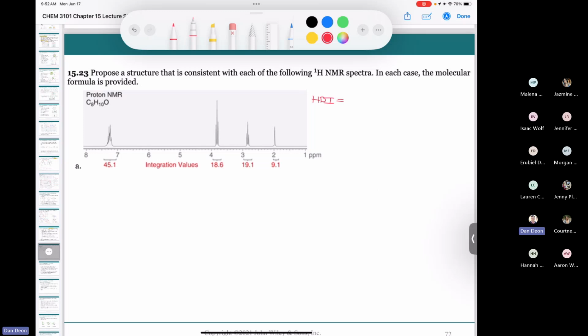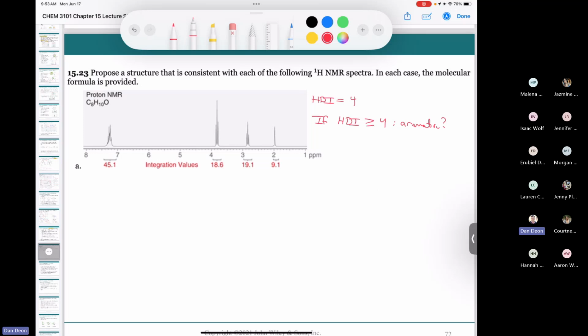I got an HDI of 4 for this compound. And when your HDI is greater than or equal to 4, I would always ask myself, is there an aromatic ring in the compound?